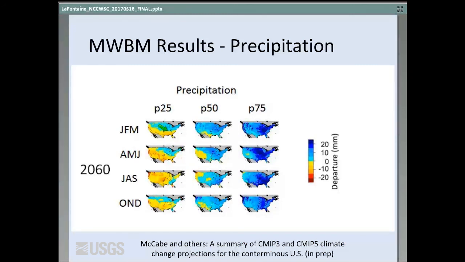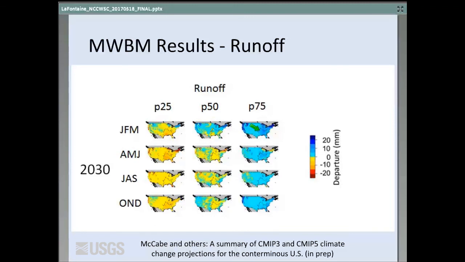And so, if we're below zero on the percent departure in millimeters, or if we're up around plus 20 millimeters of departure. And then even in 2090, we still see this range that either goes plus or minus. And so, being in the southeast, our hydrologic response tends to track with the precipitation.